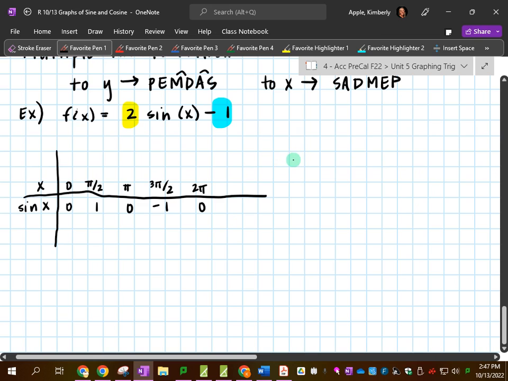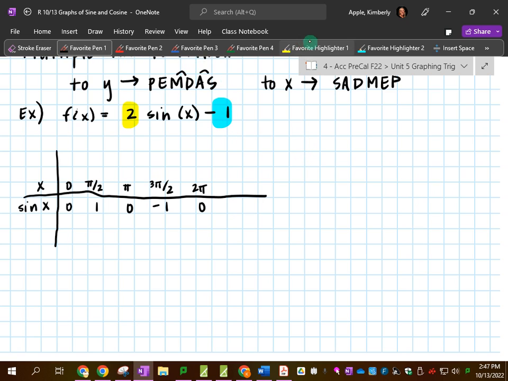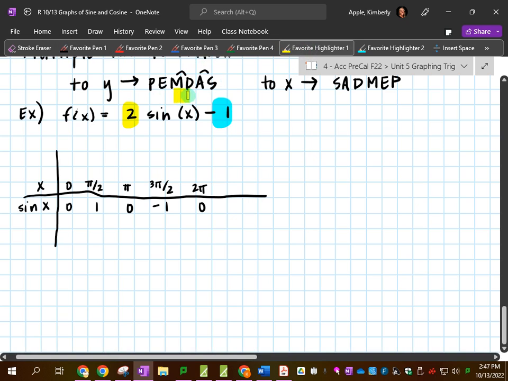Multiply by 2 or subtract 1? I will multiply before I subtract. Yes, it's y, not x. So the first thing I'm going to do is 2 times sine x: 0, 2, 0, -2, and 0. And then I'm going to take those values and subtract 1 from them: -1, 1, -1, -3, -1.